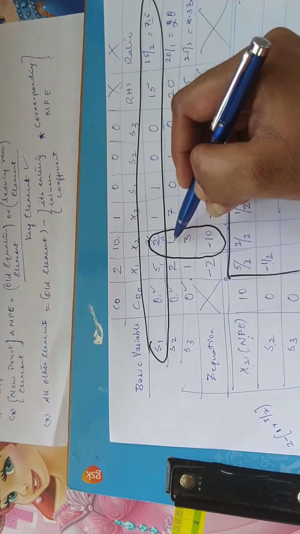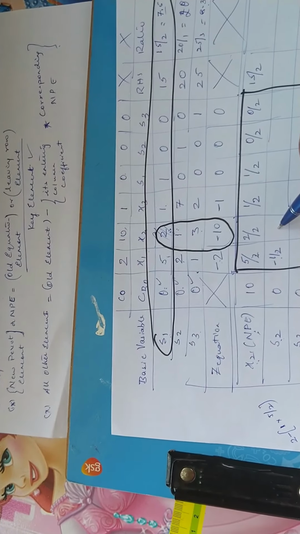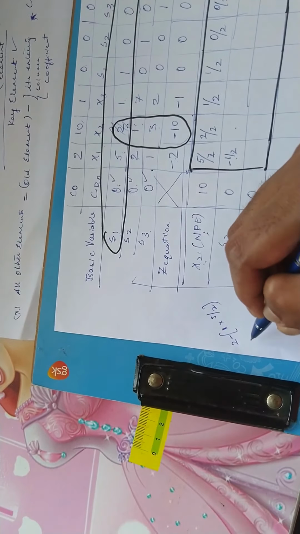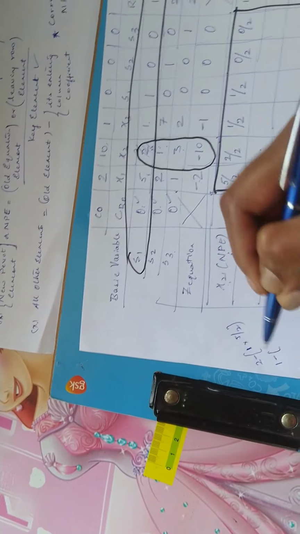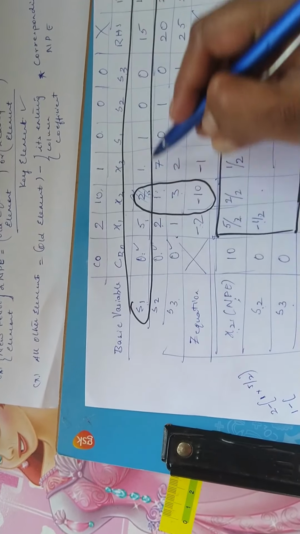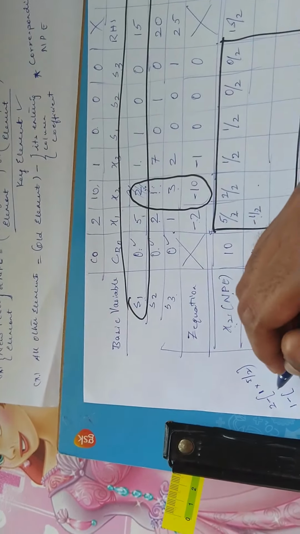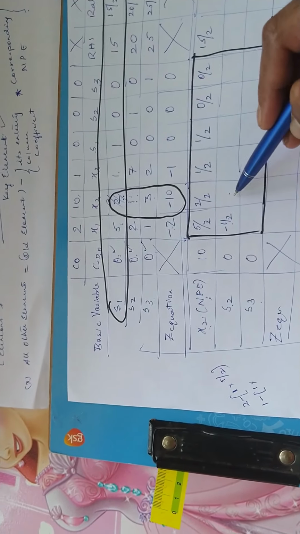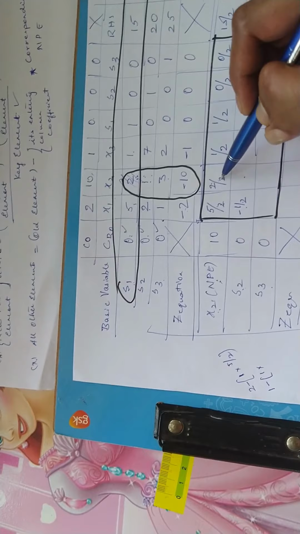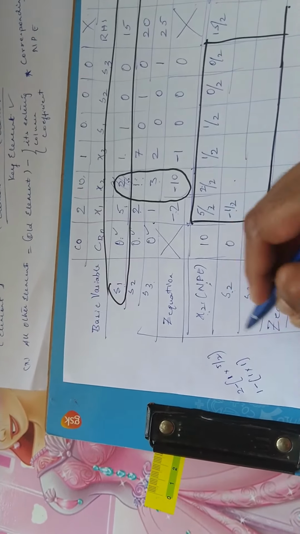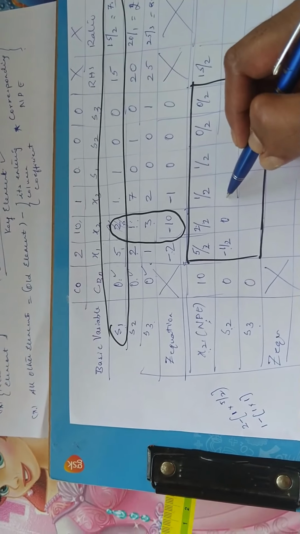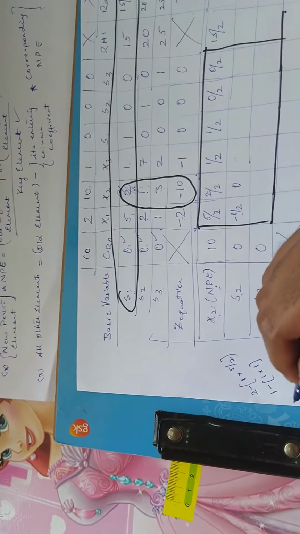I'm going to do one more. The old element here in the previous table is 1, so I write 1 here, minus the entering column coefficient of this row, which is 1, multiplied by the new pivot element of this column, 2 by 2, which is equal to 1, so 1 minus 1 becomes 0. Similarly, the old element here is 7.